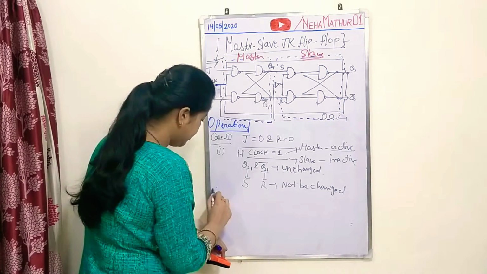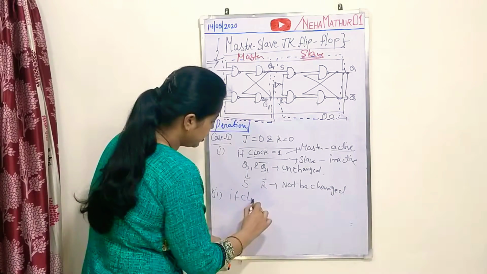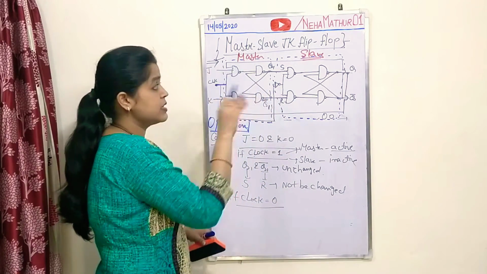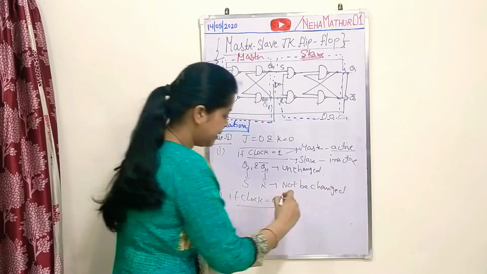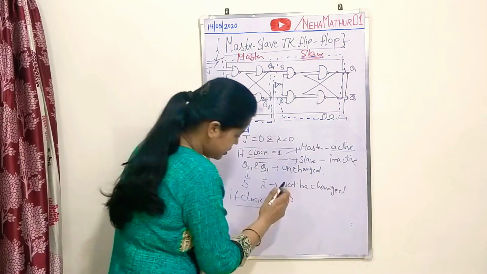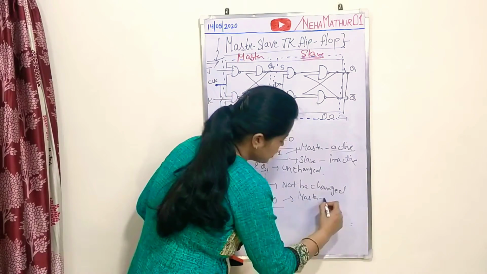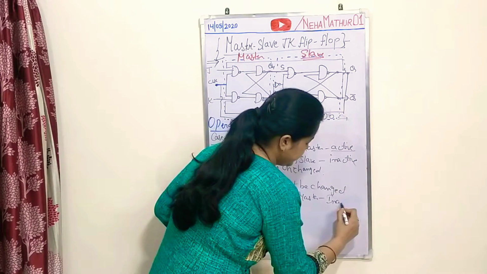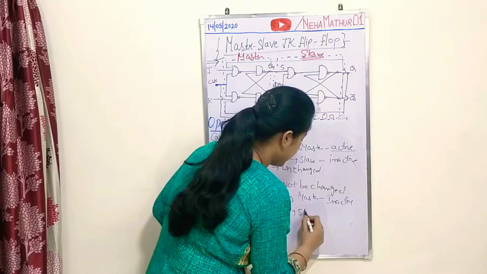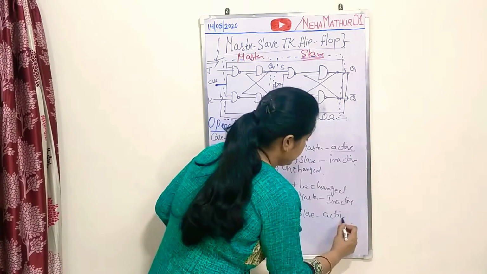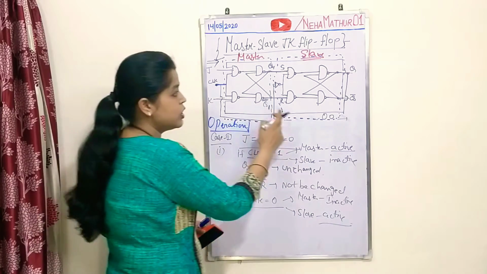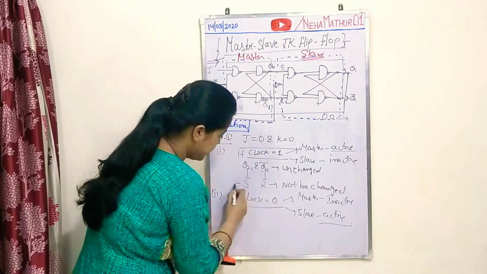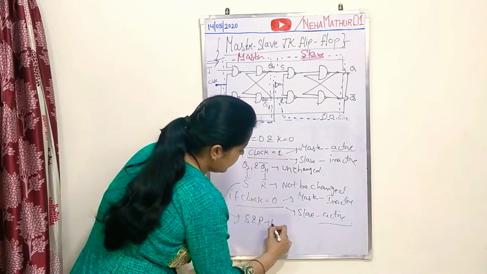Now come to the second point. Now you set your clock at 0. As your circuit is set with clock equal to 0, your master switches from active to inactive state, and now your slave will be active, with its inputs S and R which are unchanged.